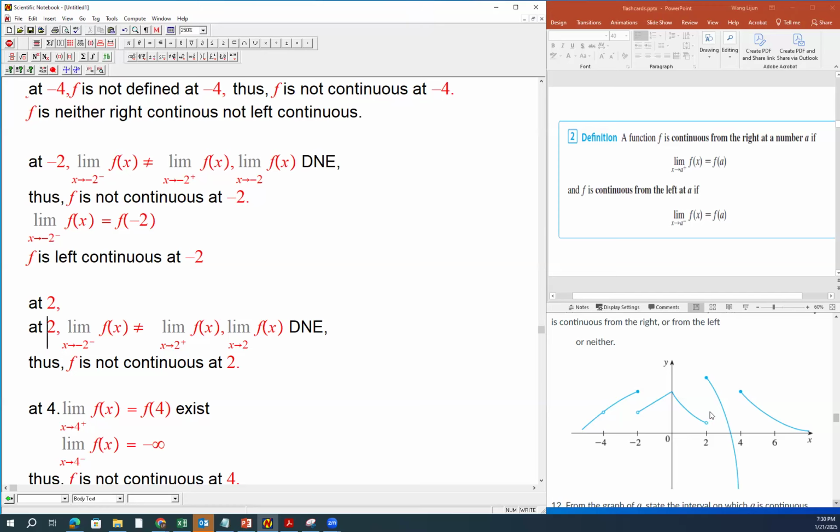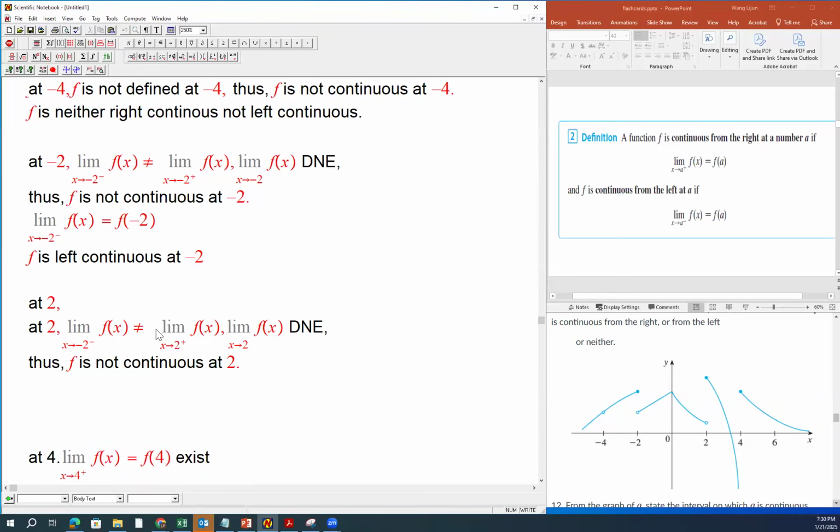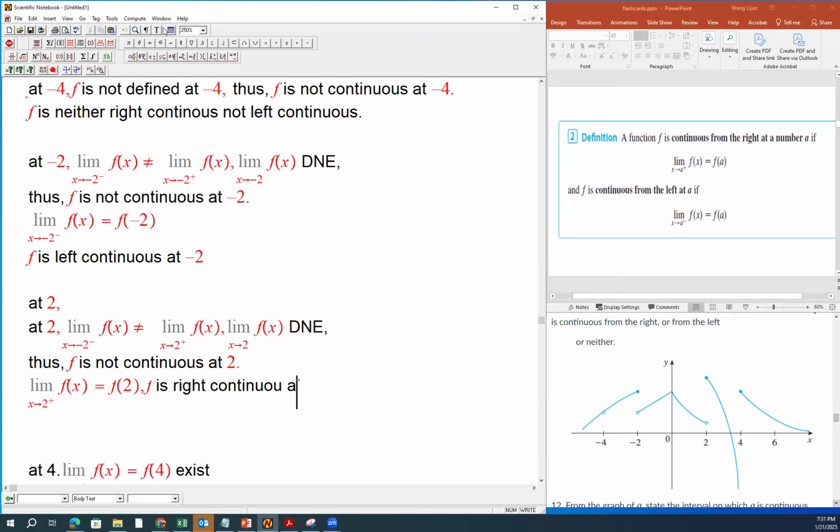At +2, we know it's discontinuous, but the limit of the function when x is approaching 2 from larger than 2 is equal to the function's value at +2. So by definition, we can say f is right continuous at +2.